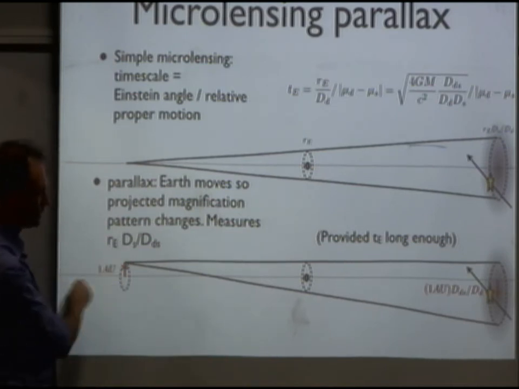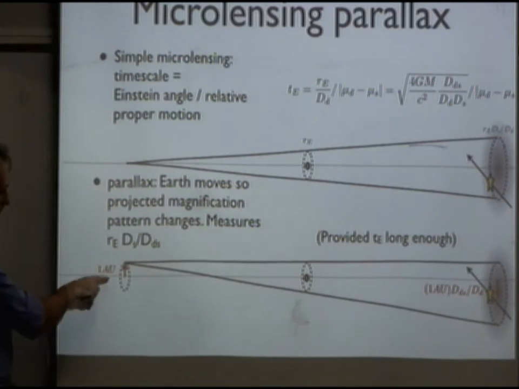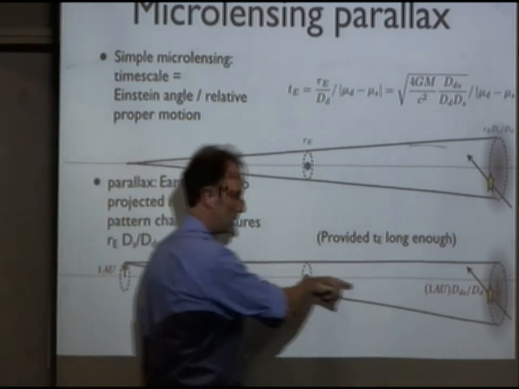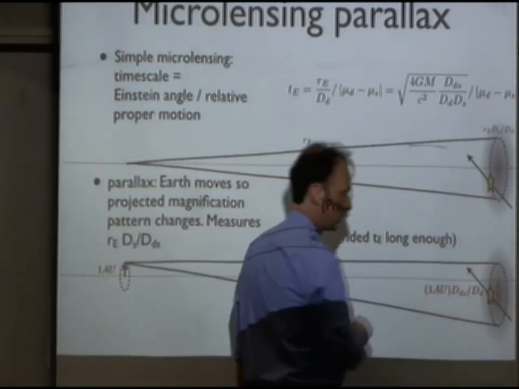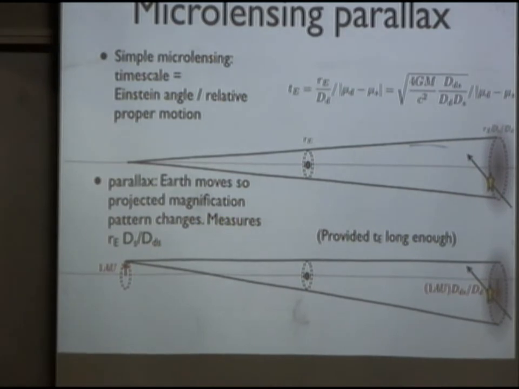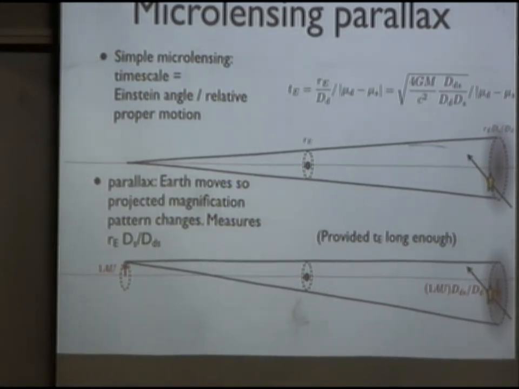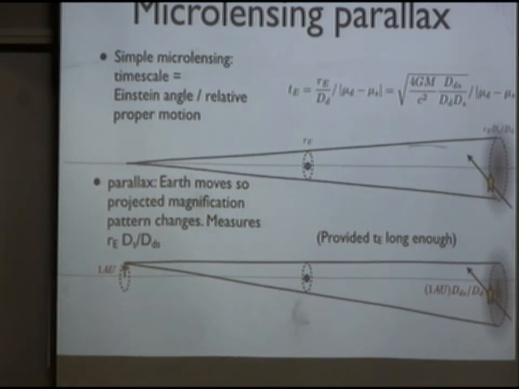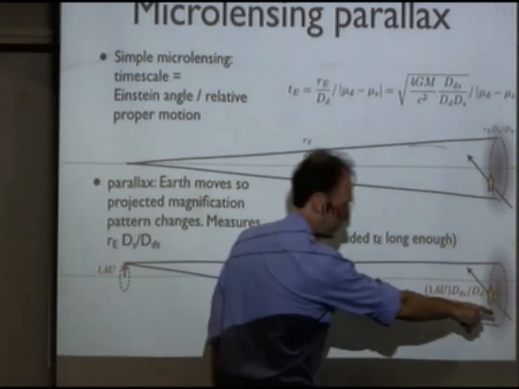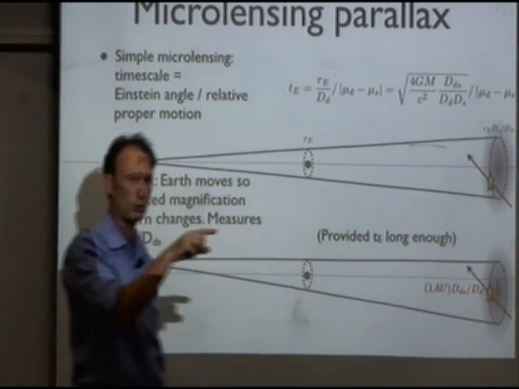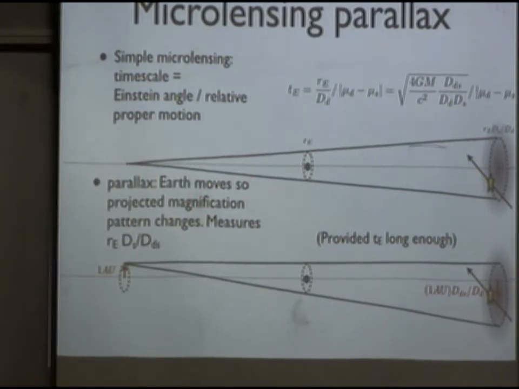And also it affects the microlensing, because if you imagine that the Earth has moved up by 1 astronomical unit this way, that means that we're actually looking effectively at a different part of the magnification pattern with our source. It's like the lens has a parallax that's moving in front of the source. And so this means that our path through the magnification pattern is no longer straight, but it has a wiggle in it.